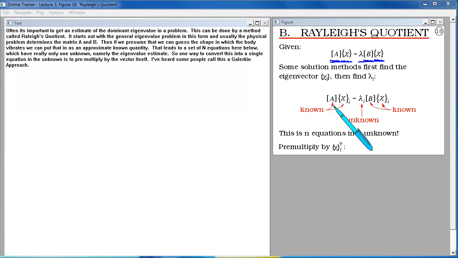That leads to a set of n equations here below, which have really only one unknown, namely the eigenvalue estimate. One way to convert this into a single equation in the unknown is to pre-multiply by the vector itself. I've heard some people call this a Galerkin approach.